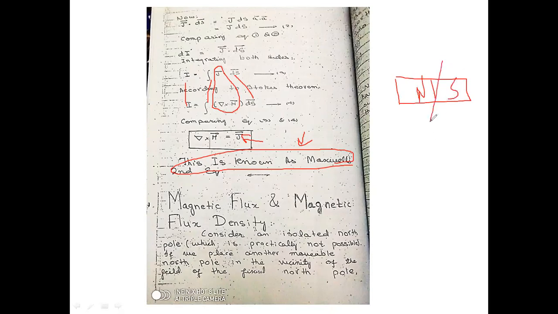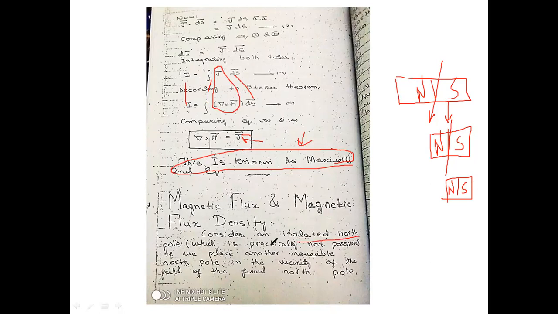If we cut it at the center, it doesn't mean that we have separate south and north poles. No, we will have again the north and south pole in that small piece as well. If we cut it again at the center, we will again have a small magnet having two poles, north and south. So a practically isolated north pole or south pole is not possible.